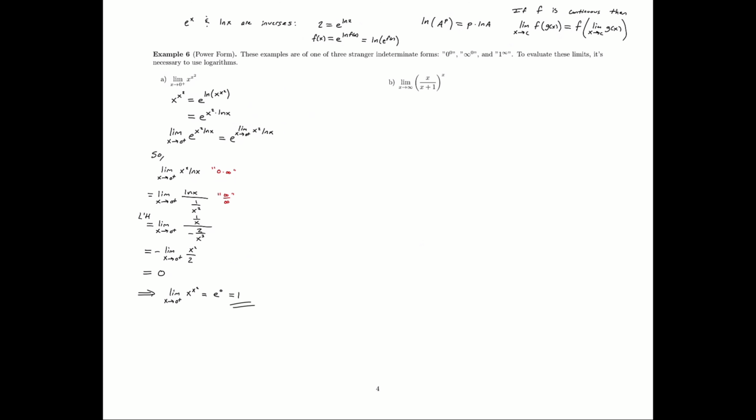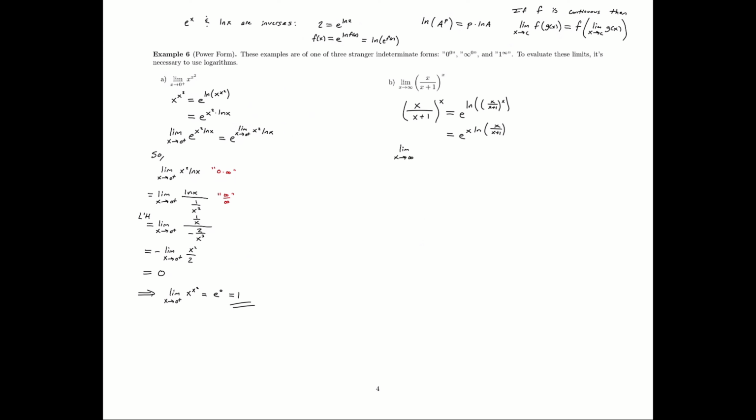Very similar train of thought for part B. So we can say that x over x plus 1 to the x is equal to e to the natural log of x over x plus 1 to the x, which is then e to the x ln x over x plus 1. And the limit as x goes to, where are we going, infinity?